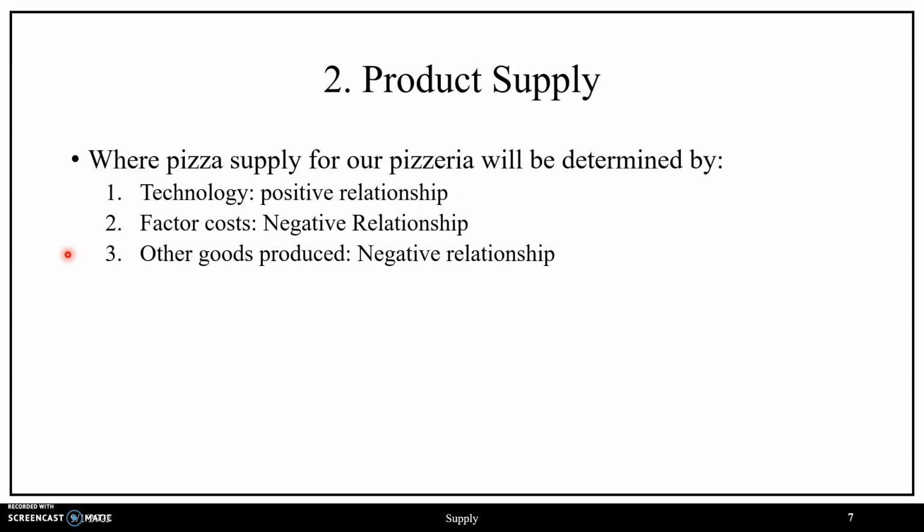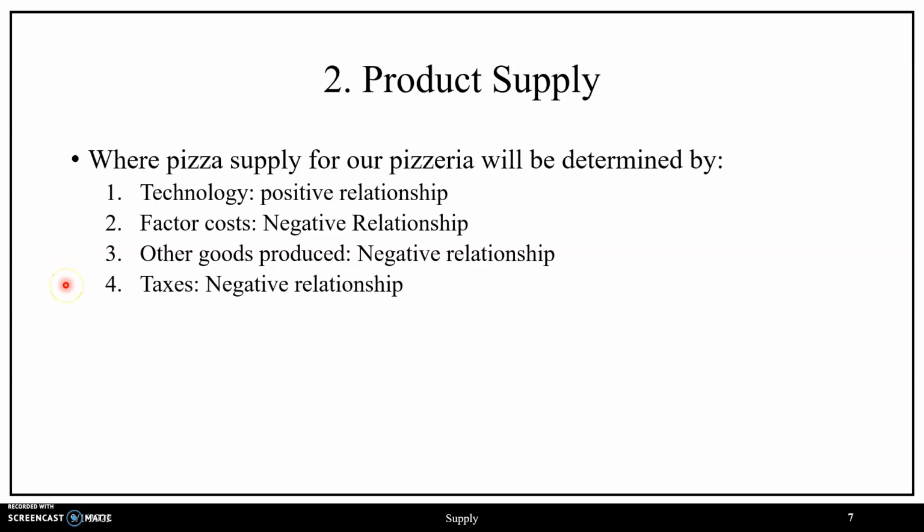So we'd expect a negative relationship between the price of other goods, in this case calzones, and the quantity of the good of interest, pizzas. Alternatively, if the price of pizza slices went up compared to calzones, the firm would now have more incentive to sell pizza slices as compared to calzones.